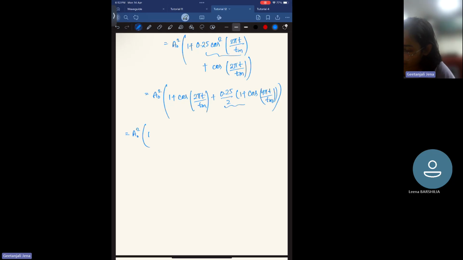So there will be 0.125 here, which gives 1.125 plus 0.125 cos 4 pi t by Tm and cos 2 pi t by Tm.